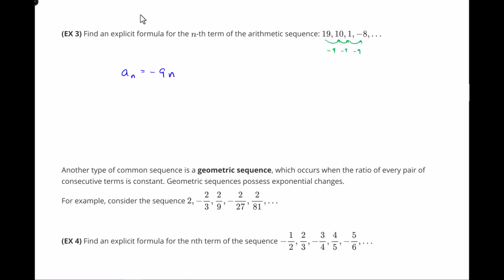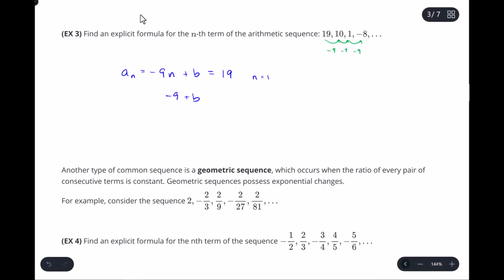If you want, you can say, all right, I need some value that when added results in 19, and you could solve for it. We know that this happens when n is equal to 1, so negative 9 plus b equals 19 tells me that b would have to be 28.